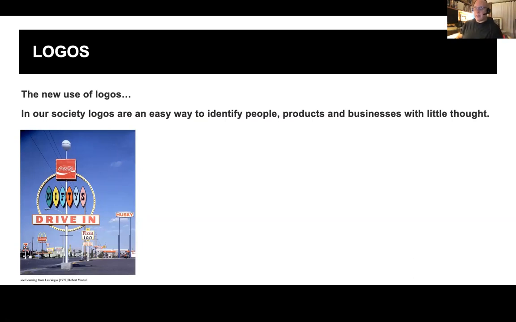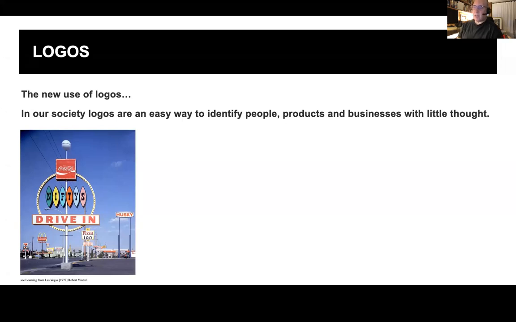This is a still from a book called Learning from Las Vegas by Robert Venturi. Robert Venturi was an architect, part of this Gang of 10 in New York City. He wrote this book, and it was sort of an outrage, like, oh, Las Vegas is so tacky. What could we learn there? Well, it's a modern city in a way, a result of a modern lifestyle.